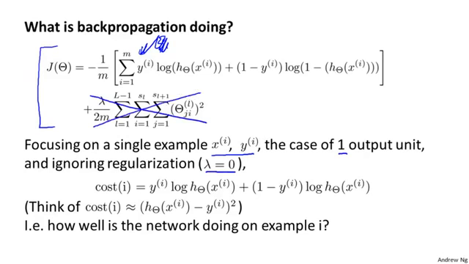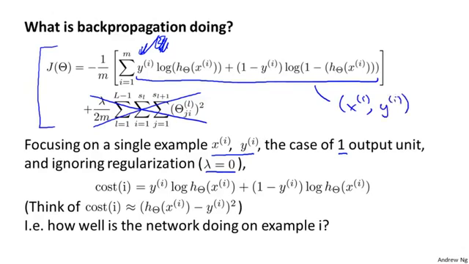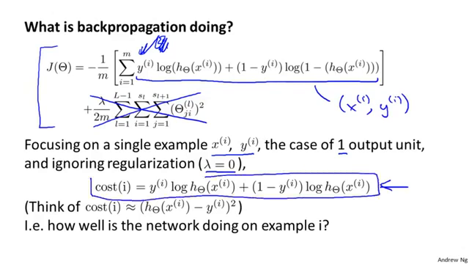Now, if you look inside this summation, you find that the cost term associated with the ith training example, that is the cost associated with training example xi, yi, is given by this expression. The cost of training example i is written as follows. And what this cost function does is it plays a role similar to the squared error.